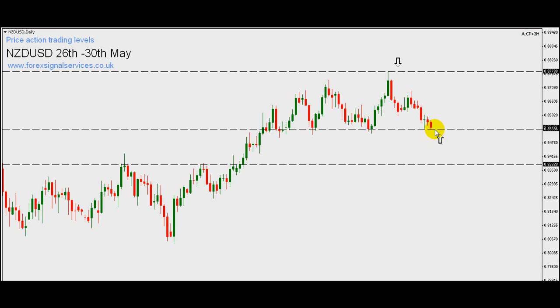If we break under this level, then look for the break, the pullback, and then where it retests this level, where it turns from support into resistance, to then go short back down to 83.82.